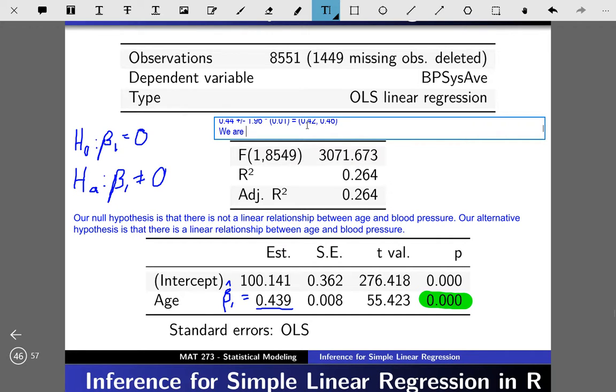So interpreting this, we say we are 95% confident that for every 1 year older a person is, their systolic blood pressure will be between 0.42 and 0.46 millimeters of mercury higher on average.